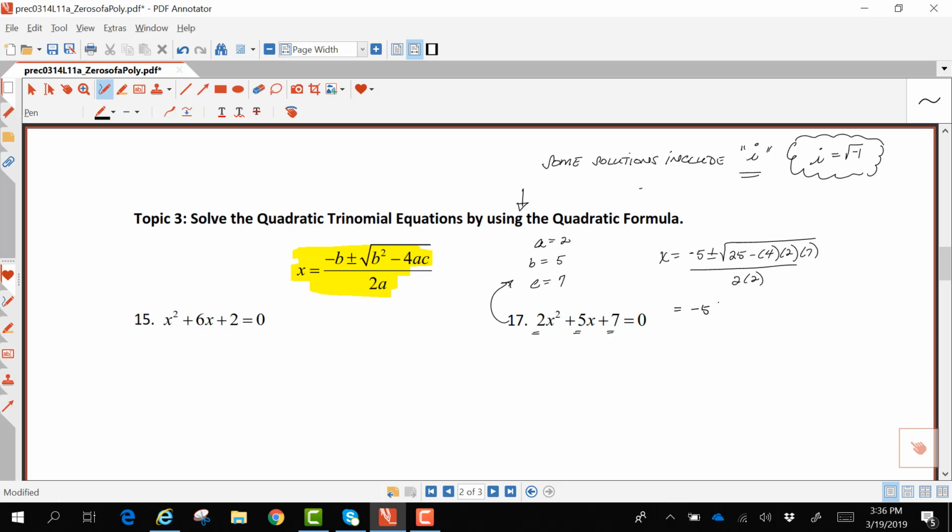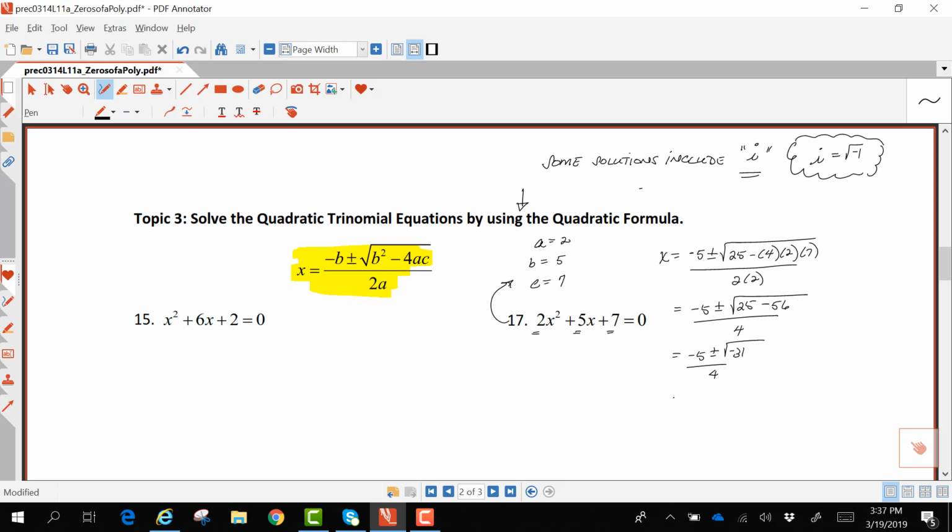This becomes negative 5 plus minus the square root of 25 minus 56, over 4. This becomes negative 5 plus minus the square root of negative 31 over 4.